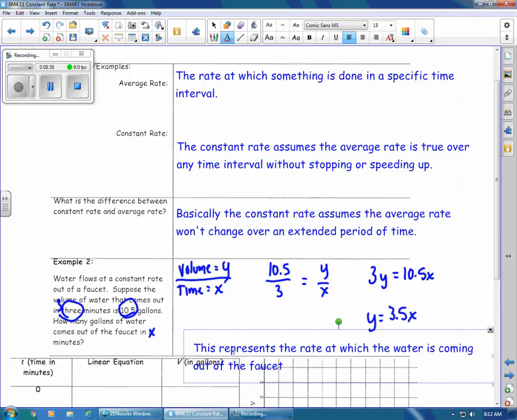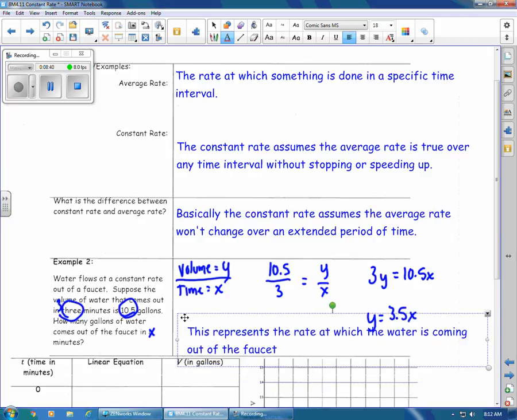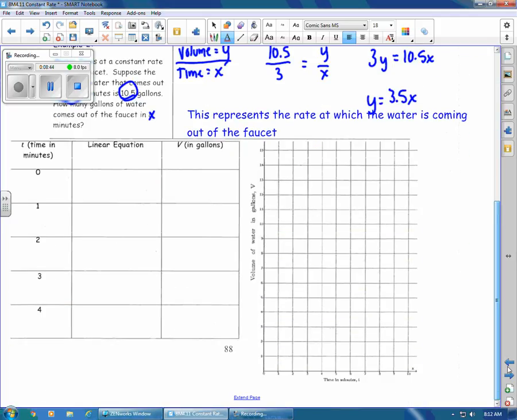Okay, so Y equals 3.5X represents the rate at which the water is coming out of the faucet. So just like the last example, we are going to set up a table, and then we're going to graph our results. So let's recopy our equation here. Y equals 3.5x.